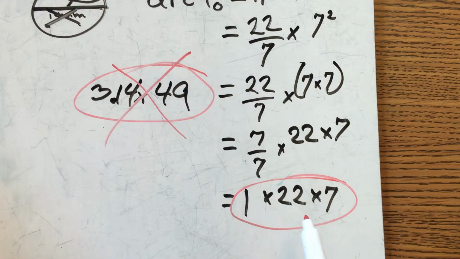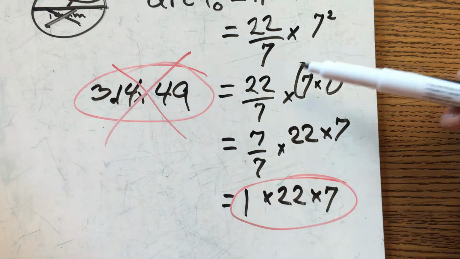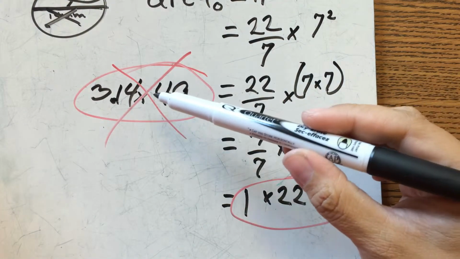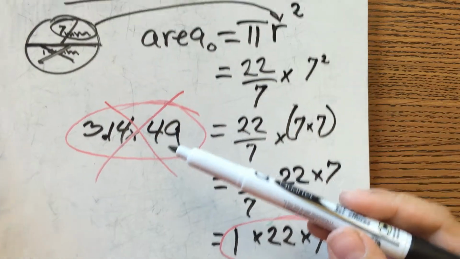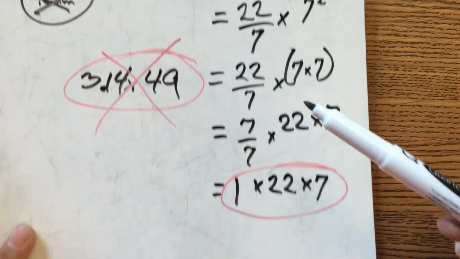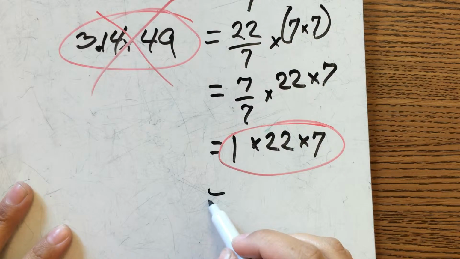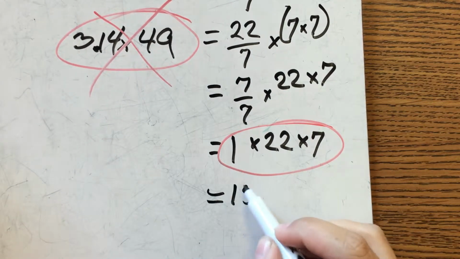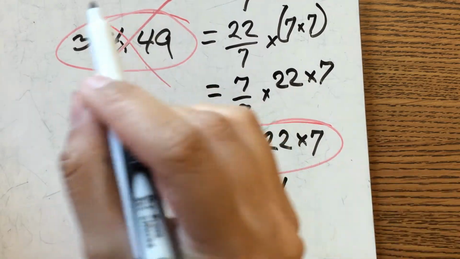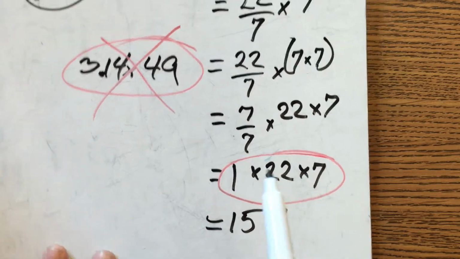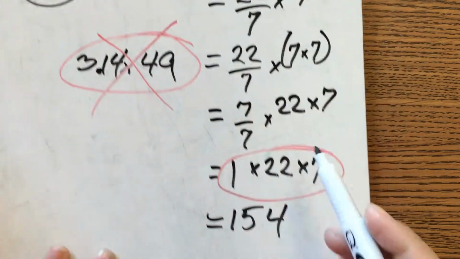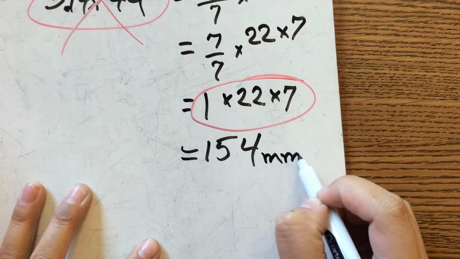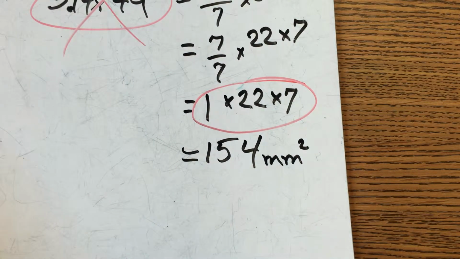This is way easier. That's why I asked you to use 22 over 7 instead of 3.14 as an approximation for pi. So let's work it out. You would have gotten 154, not just 154, but 154 millimeters squared.